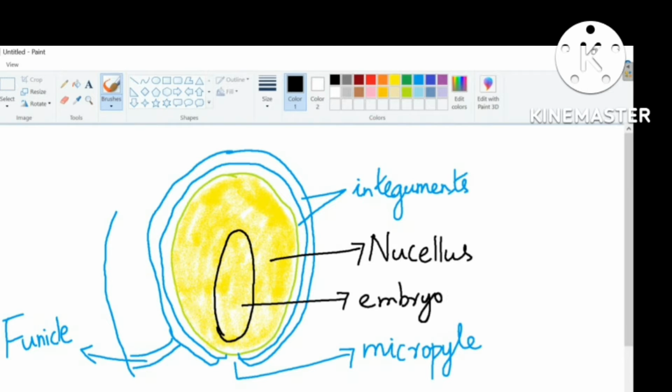Since the embryo sac is formed from a megaspore, the embryo sac will be haploid. And this will be the micropylar end; the opposite end of the ovule is called the chalazal end.